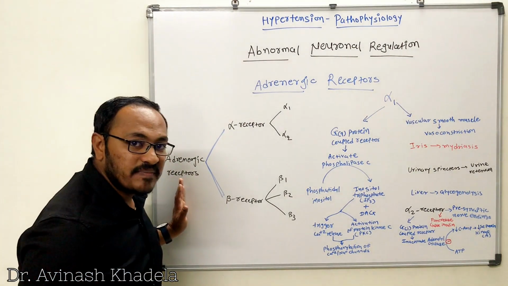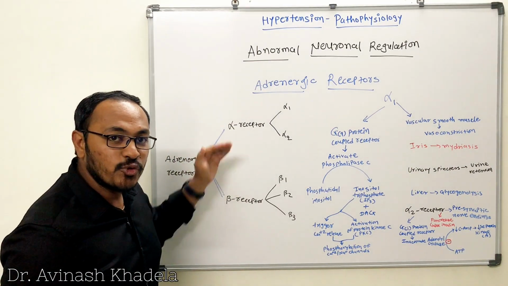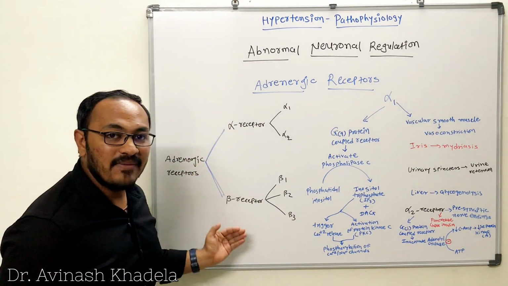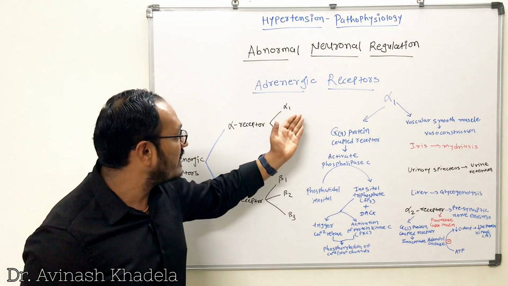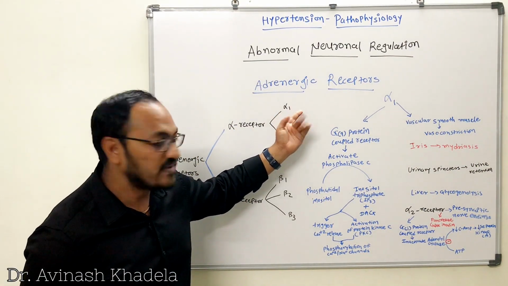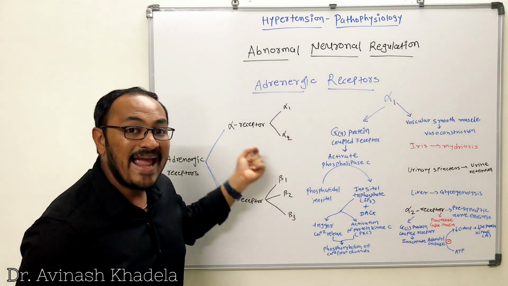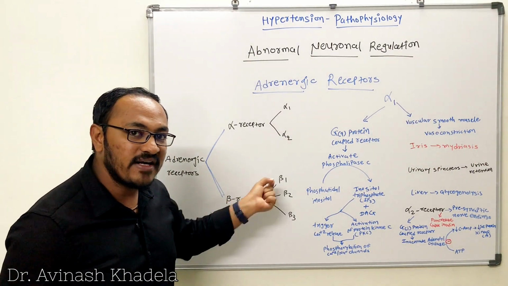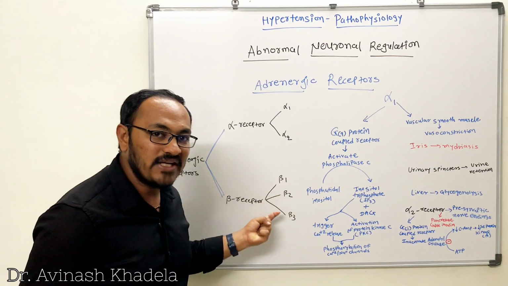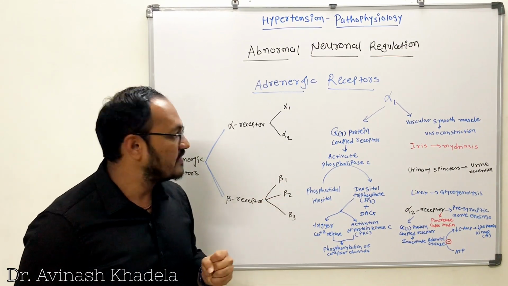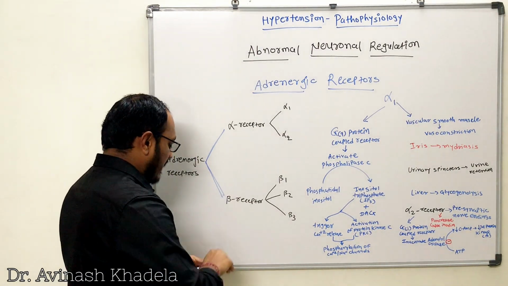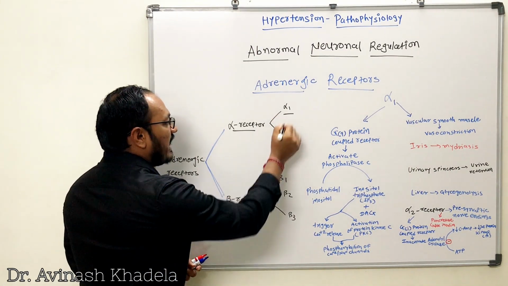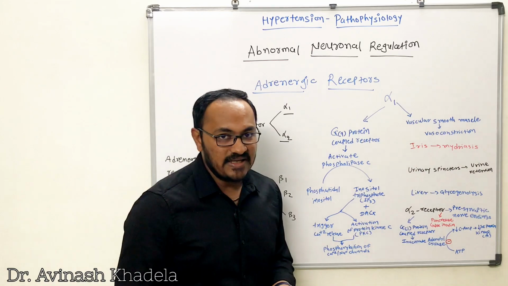Adrenergic receptors are basically divided into two types, alpha receptor and beta receptor. The alpha receptors are further divided into two subtypes, alpha 1 and alpha 2, and beta receptors are further divided into beta 1, beta 2 and beta 3 subtypes. First we will understand the alpha receptors, alpha 1 and alpha 2, in detail.